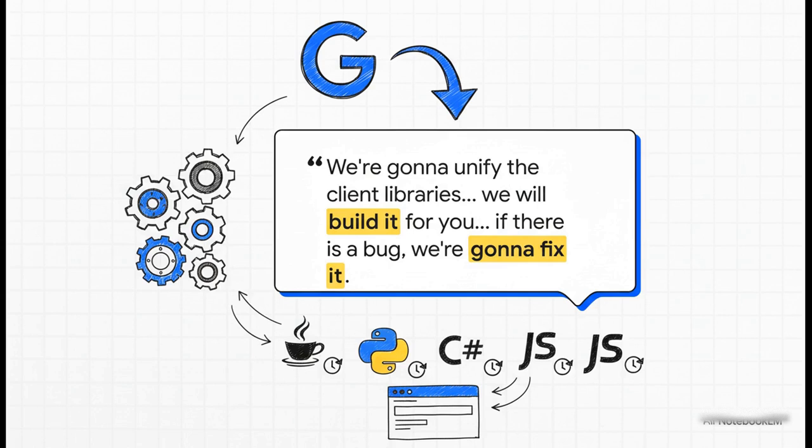The idea itself is so simple, but it's incredibly powerful. Instead of dozens of random community-built libraries, Google and the open source community would create one official, high-quality, maintained client library for every major language. The takeaway? You don't have to worry about it anymore. It's just like your web browser. There's a whole team of people whose job it is to make sure it's up-to-date, secure, and just works.